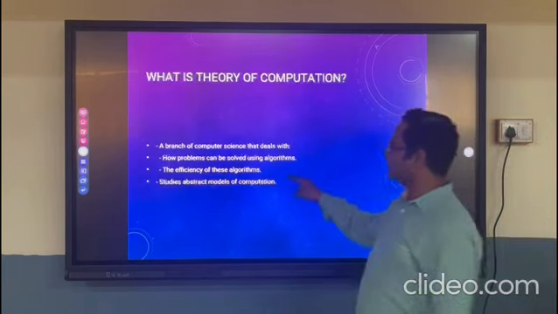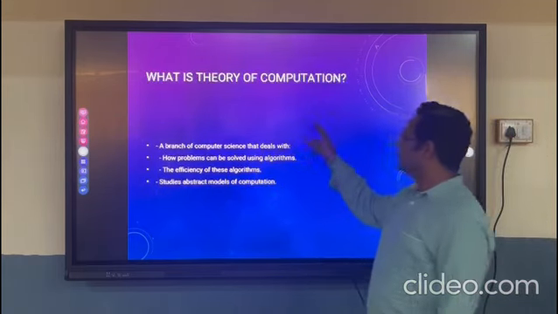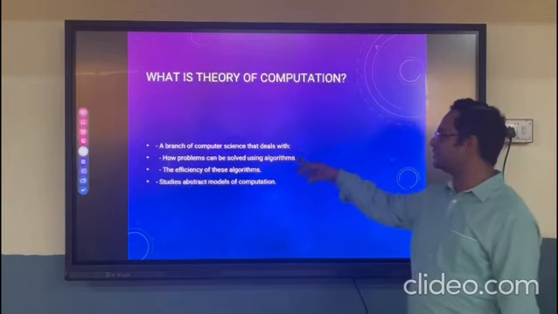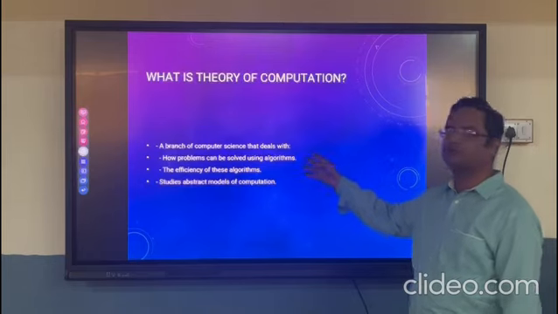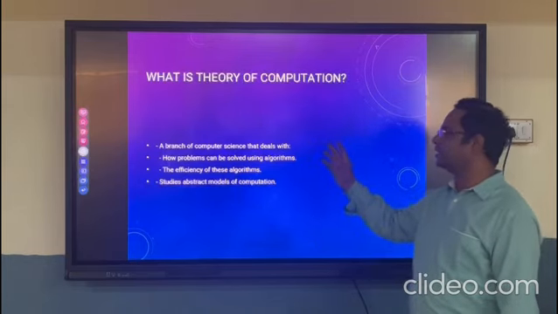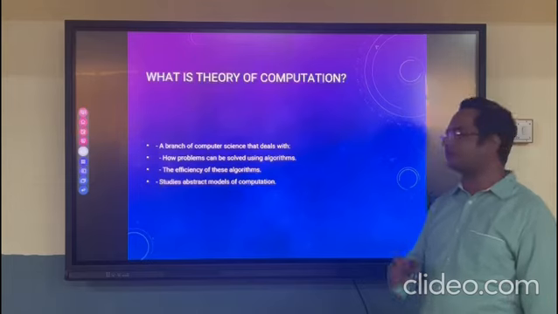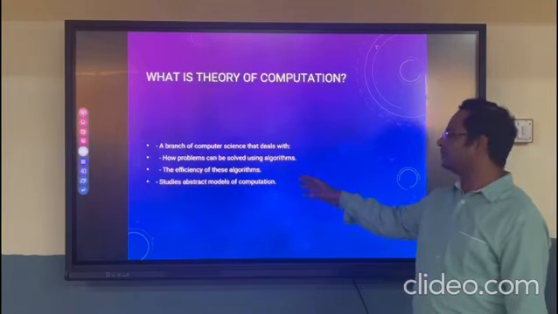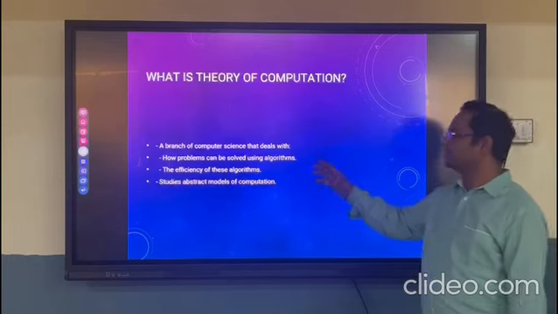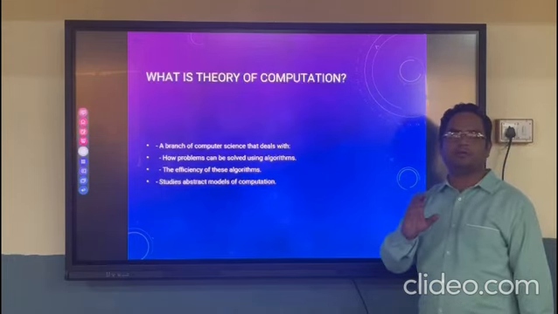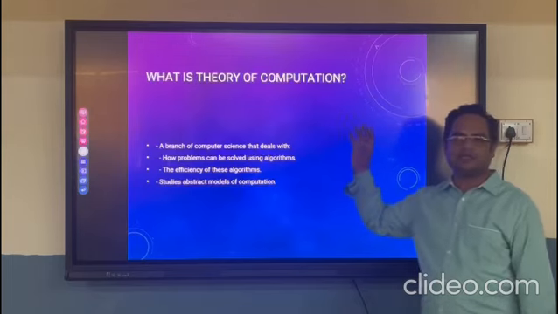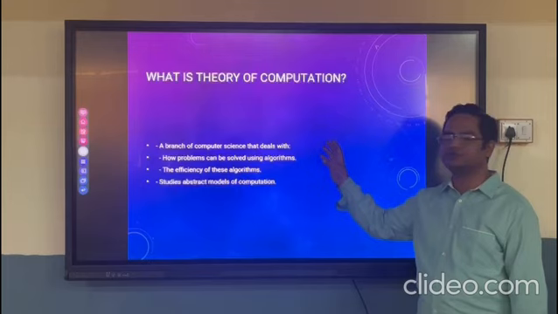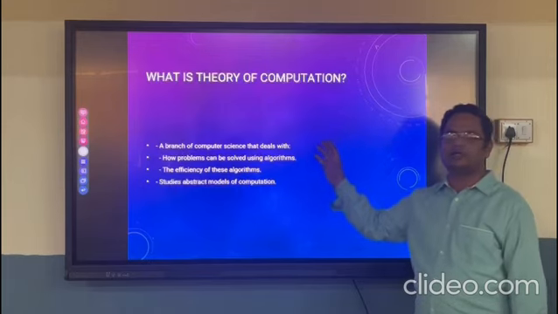Next, TOC is the branch of computer science which deals with how a problem can be solved using an algorithm, the efficiency of that algorithm, and it studies abstract models of computation. To solve any kind of problem we use an algorithm. Generally we study the use of algorithms in DSA also.